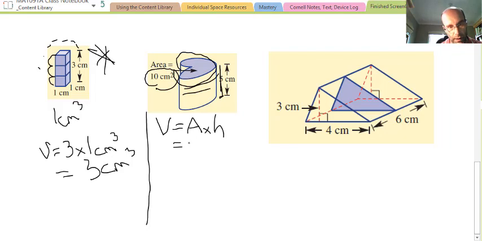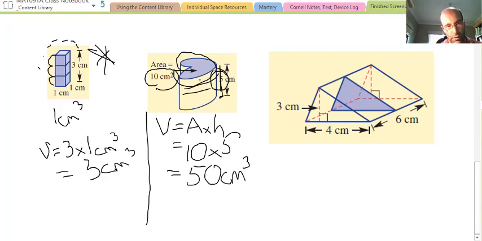So that is a right prism. So we have the area that is given is 10, and the height there is 5. So it's a simple matter of 10 multiplied by 5, which is 50. The units, remember, for volume are cubic units, centimeters cubed, because we have squared times centimeters to the power 1, which makes centimeters cubed to the power 3.